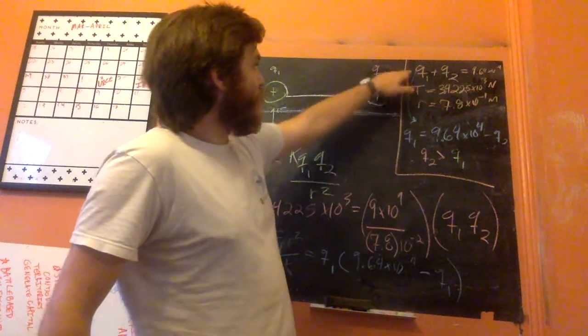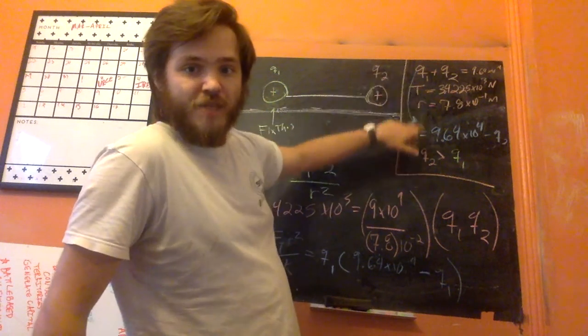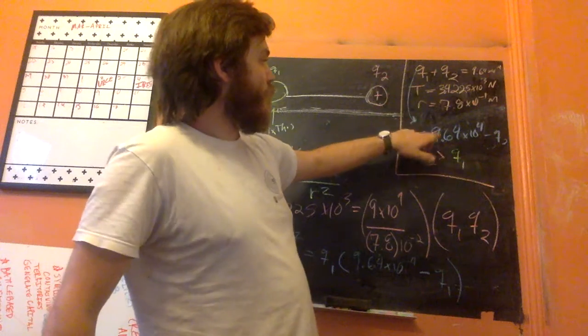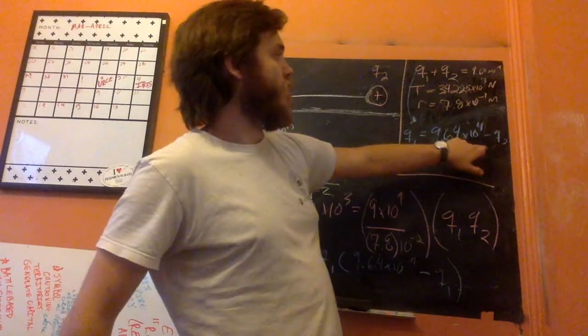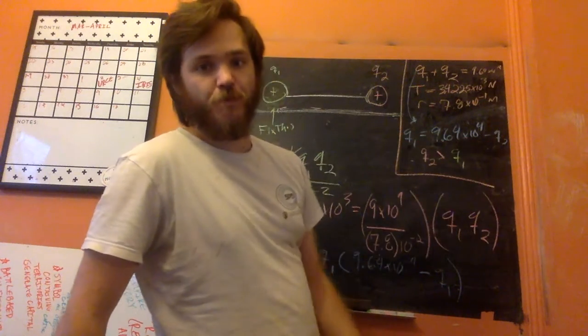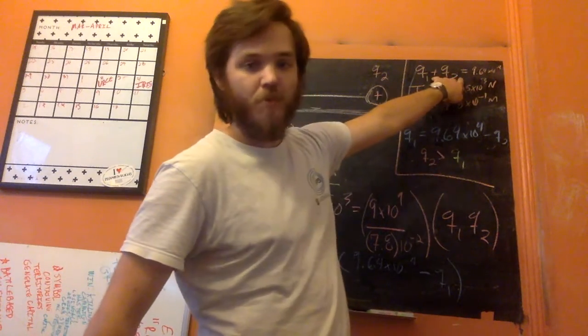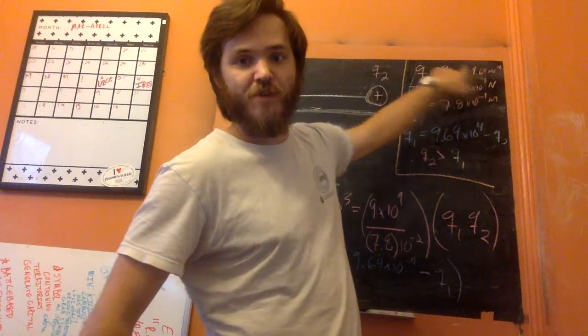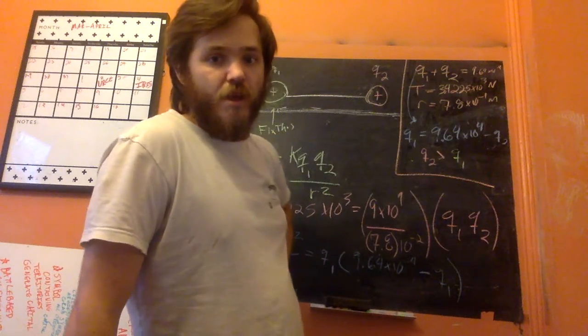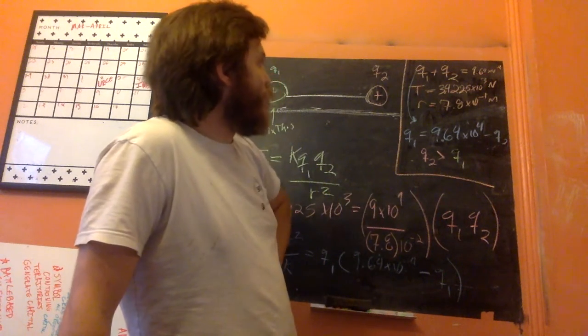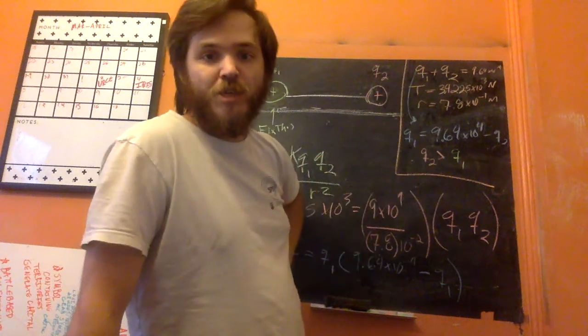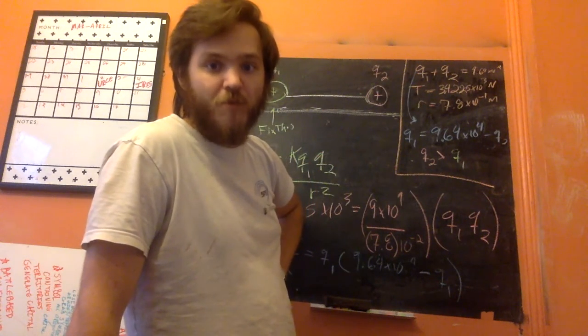And then using this, I derived that Q1 is equal to 9.64 times 10 to the 4 minus Q2. The reason we know that works is because these are both positive, since this is positive, and they're the same polarity. So we don't have to have an absolute value like we did with the string problem.